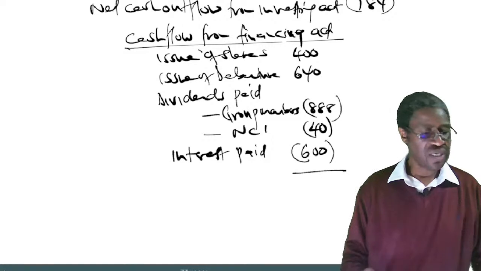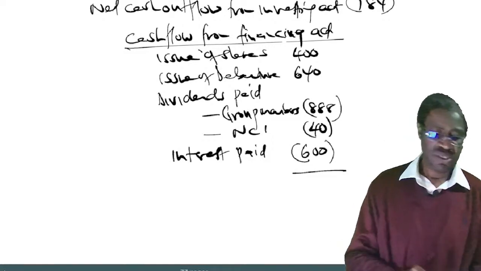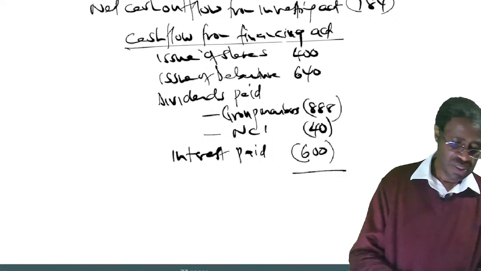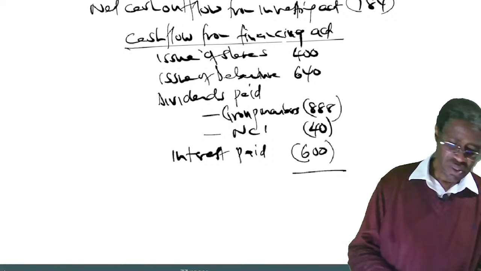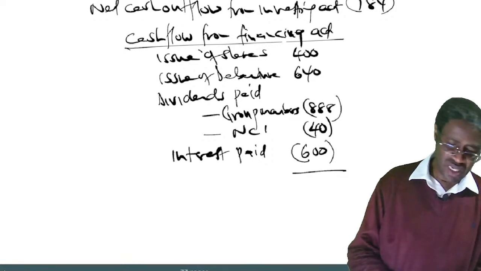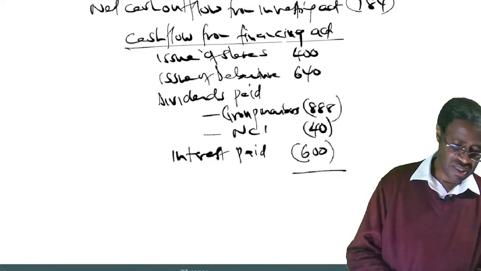Let's get the net. I take that 600. No, it's 400, sorry. It's 400 plus 640, not plus, minus 888, minus 40, minus 600.